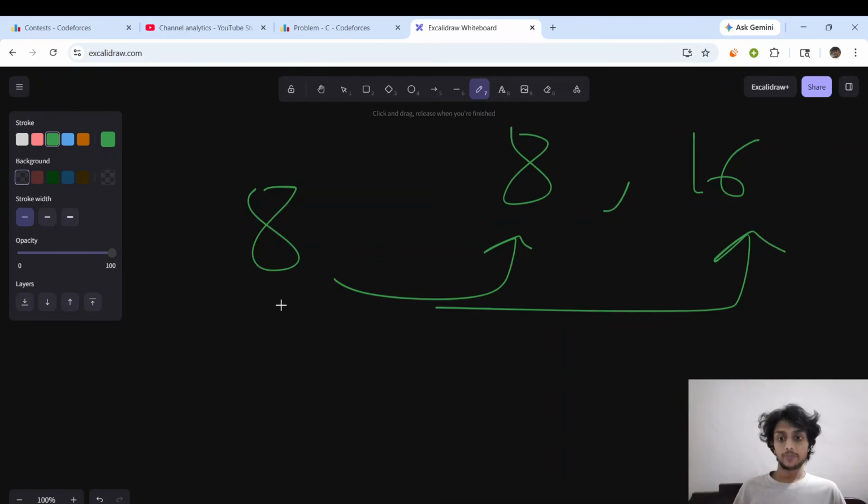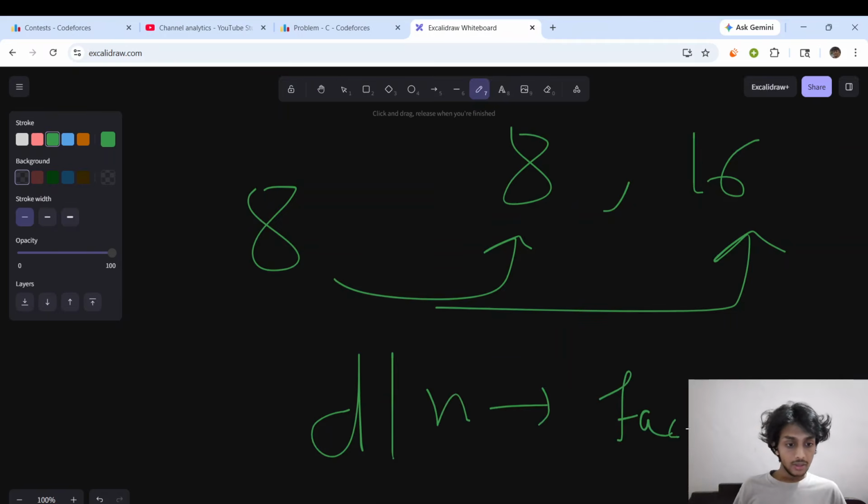Now see one thing: if 8 divides both of them, then the factors of 8 will also divide both of them. Again, if D divides N, then all factors of D will also divide N, right? Because the factors of D look like D by K.